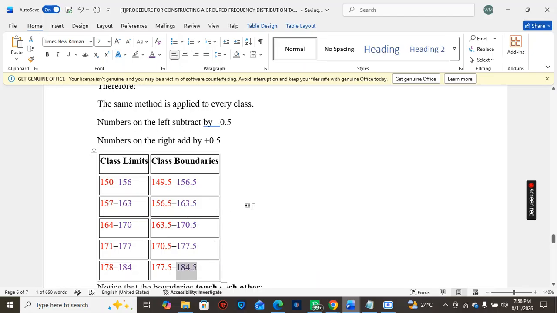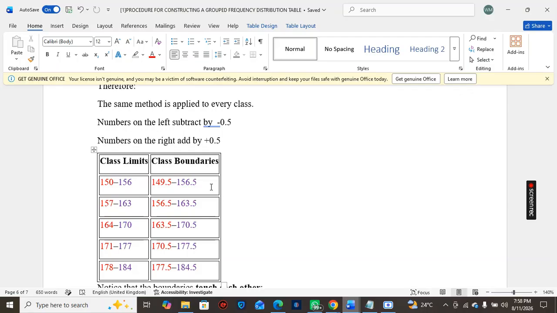Yes, that's how you make the class boundaries so that the classes are connected to each other. There are no gaps, because you're dealing with continuous data.